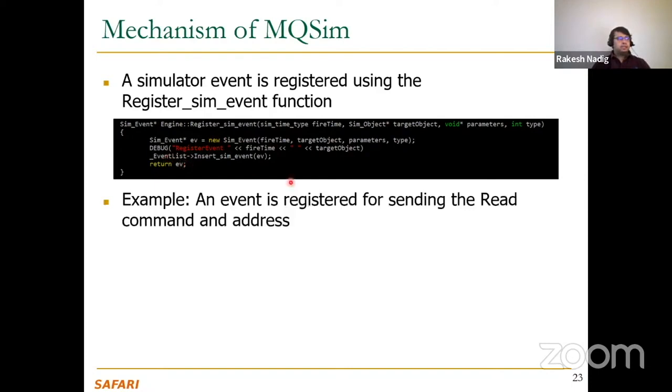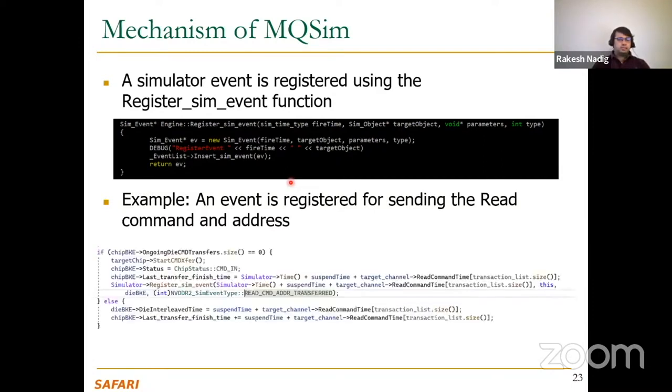So an event is registered, let's say, for sending a read command and address. We call the register event function, sim event, and we give the time: the current simulator time plus suspend time plus the read command time.